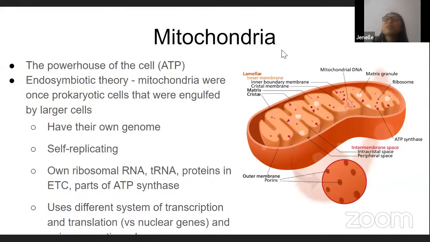So it's only passed down from your mom. That's why, if you're looking at mitochondrial DNA in these cold cases, you would only be looking at the mom for that particular purpose, because it's only passed down through one family member, one parent.